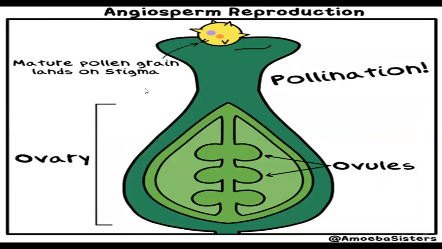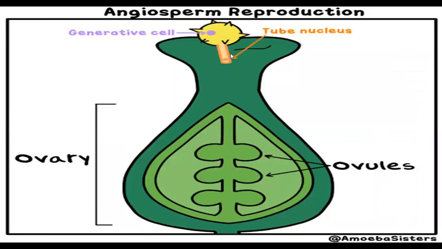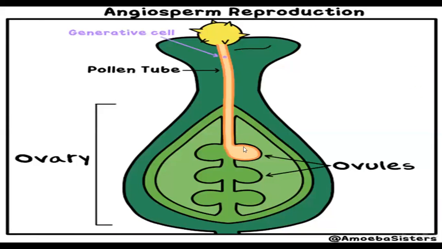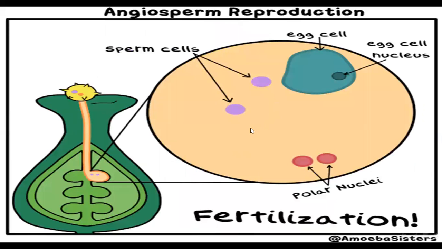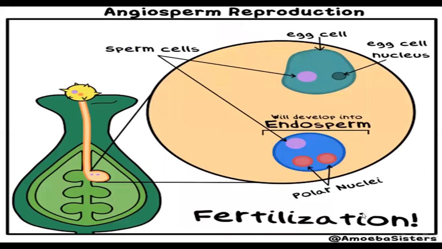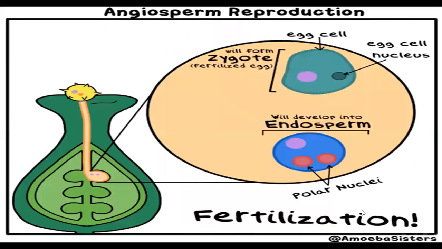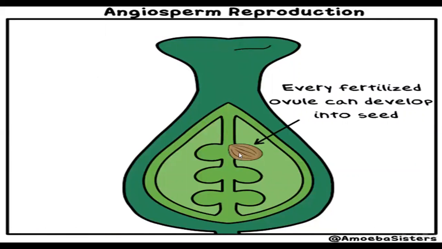Mature pollen grains land on a stigma. The pollen tube starts to grow and it reaches the ovary. The ovule changes into seeds and then the ovary changes into fruit.